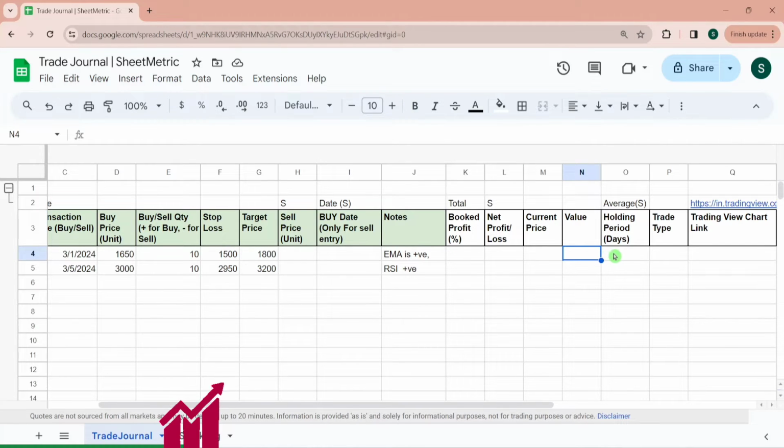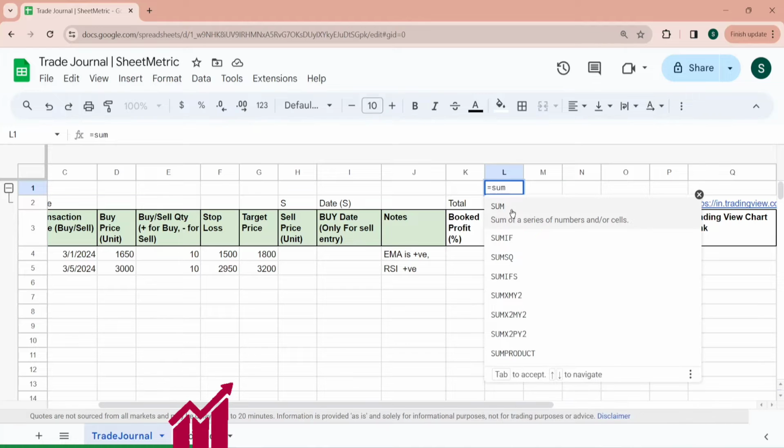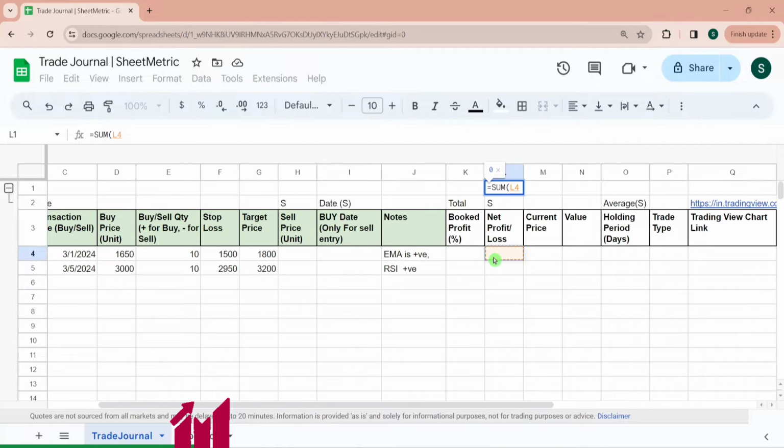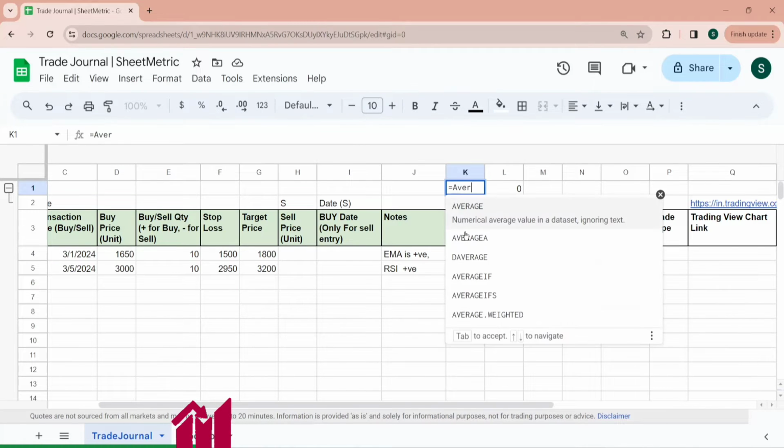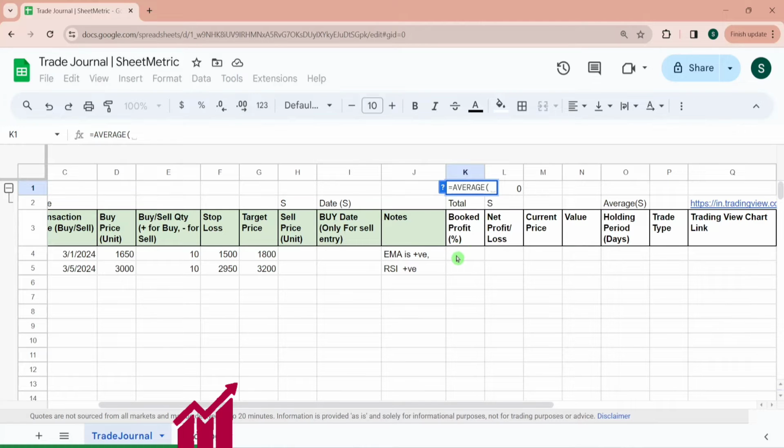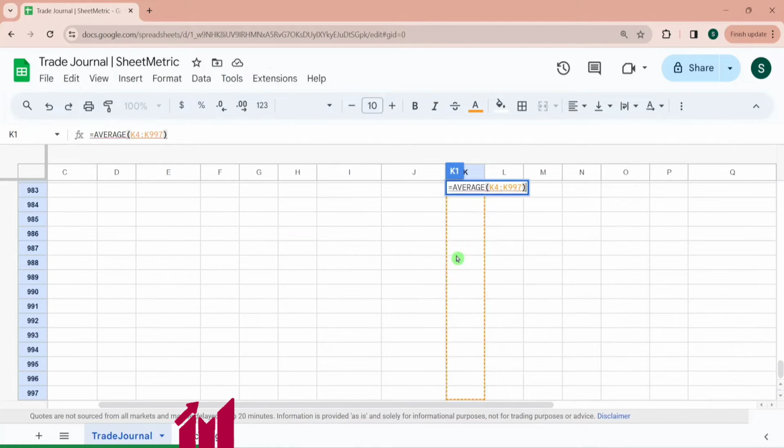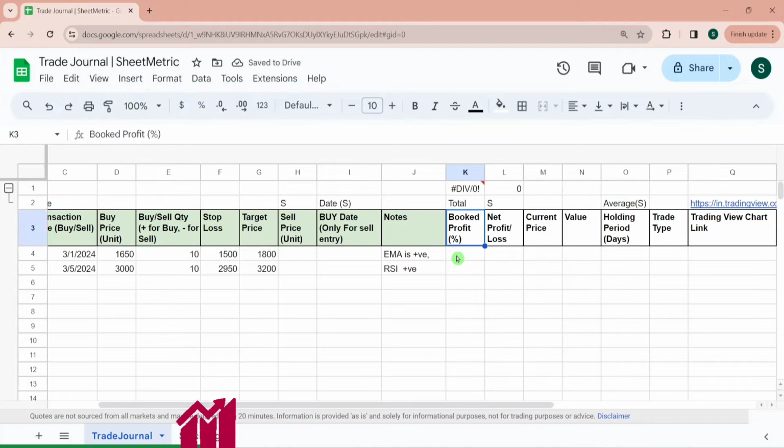What has been the total trade value, what is the holding period, and you can do aggregated-level analysis as well, like what is the average holding period, then net profit and loss, what is the total profit. So you can run a sum over here for all these entries. You can take an average profit percentage that you are making on your trades. So you can build all those things. Currently there is no value, so it is giving us an error.